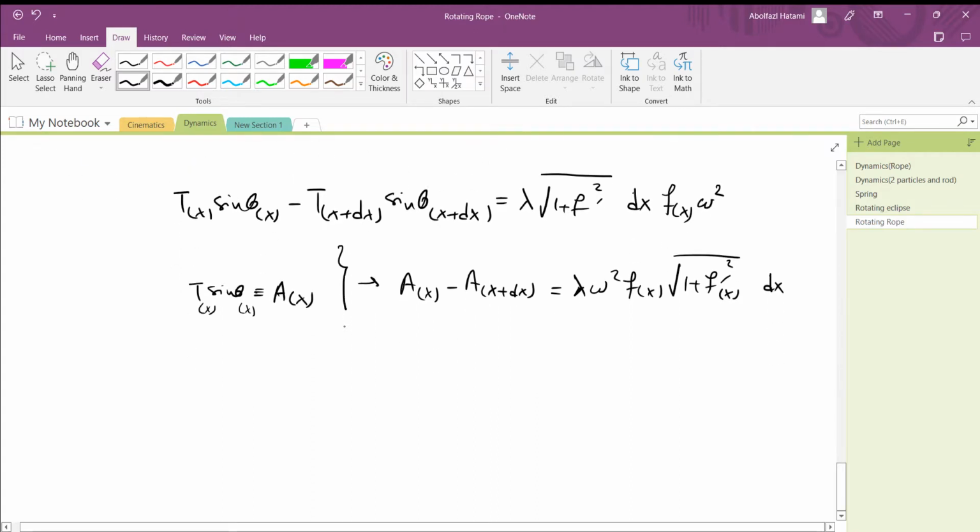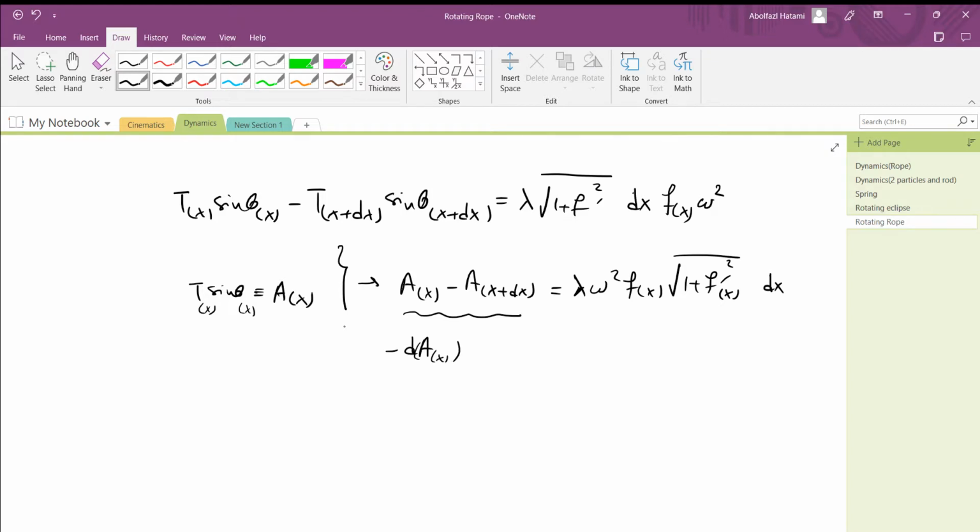And as you can see, the left side is minus the differential of a of x. It is the definition of the differential of a of x.